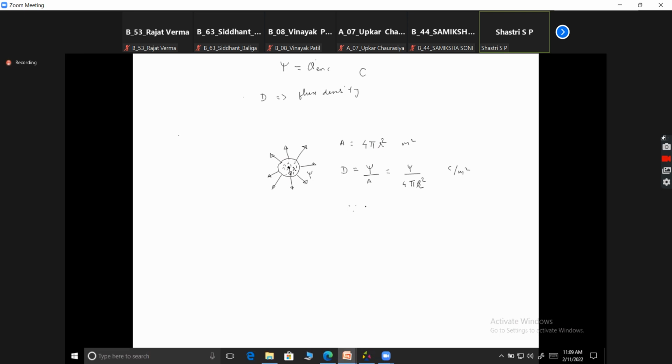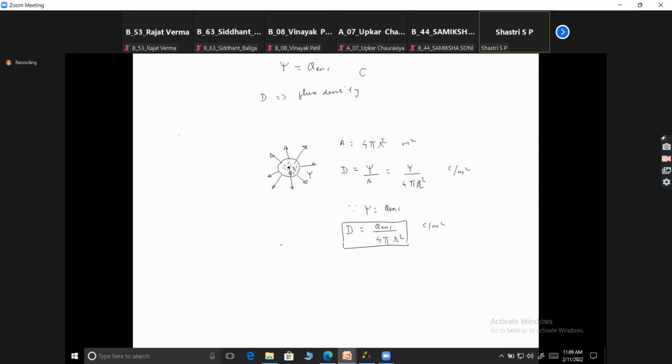Flux equals charge enclosed. This spherical surface is enclosing some amount of charge, and due to that only this flux is coming out. So psi equals Q enclosed, or simply Q. Dividing by 4 pi r square, we get coulomb per meter square. This becomes the flux density formula. Right.